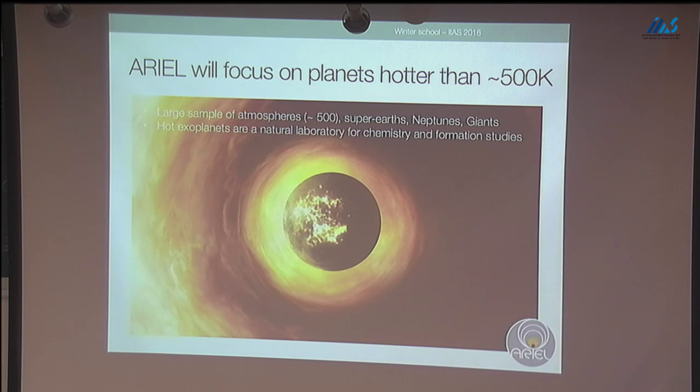Neptunes and giants. And the reason why hot planets are a good option is because they can be a natural laboratory for chemistry and formation studies, because we think the atmosphere should be more of a window into the planetary bulk composition to a degree. Of course, if many species are sequestered out of the atmosphere because the temperature is cold, it's much more difficult to probe them. But for very hot atmospheres, some of these chemical species are in a volatile form, and so they can potentially be probed through spectroscopy.